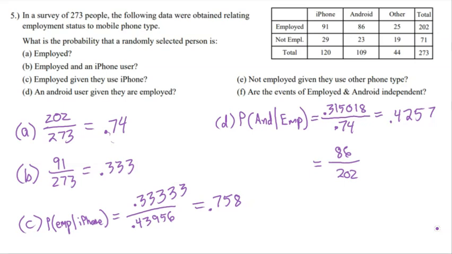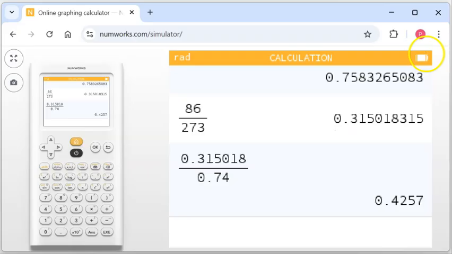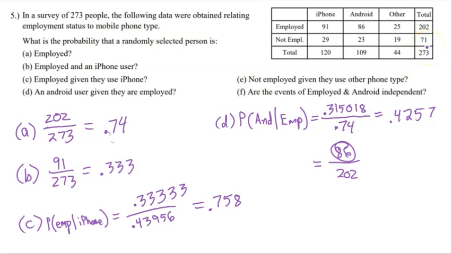The reason for that is this: when you divide 86 by 273 and then divide 202 by 273, the 273 actually cancels. By algebra, these cancel, and so really, you can just do 86 over 202.